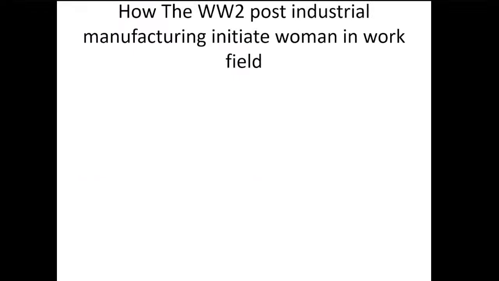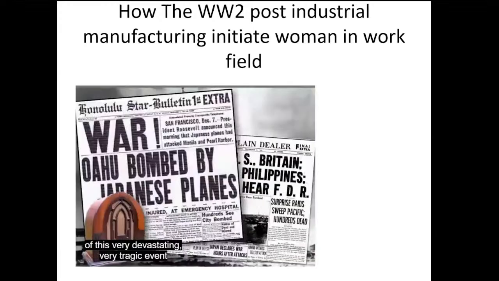So how did World War II, with post-industrial manufacturing initiating women into the work field, lead to quality control? Basically, when we had World War II, when Oahu was bombed by Japanese planes, it was a very devastating, tragic event. However, there was a blessing in disguise.